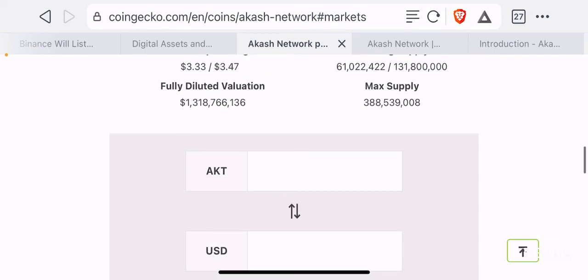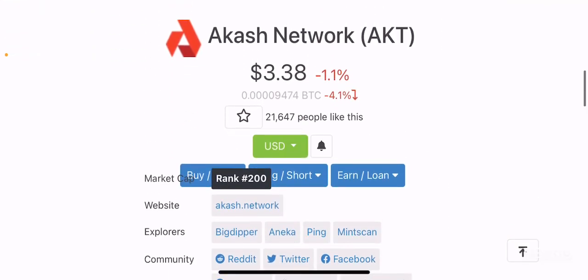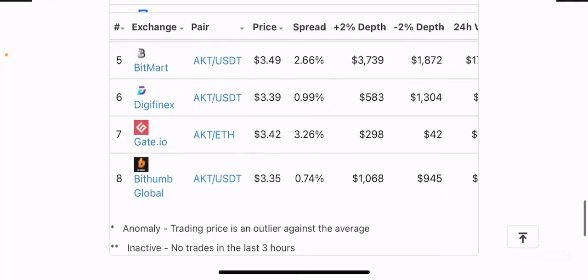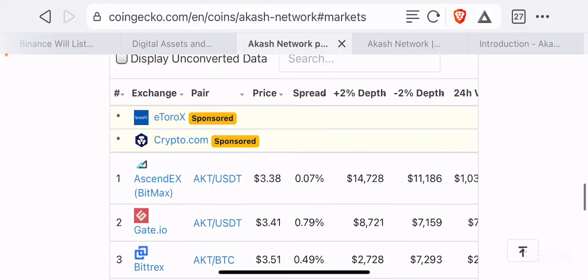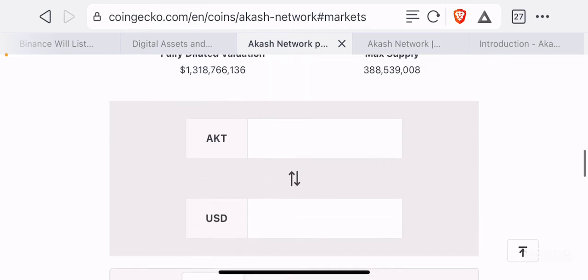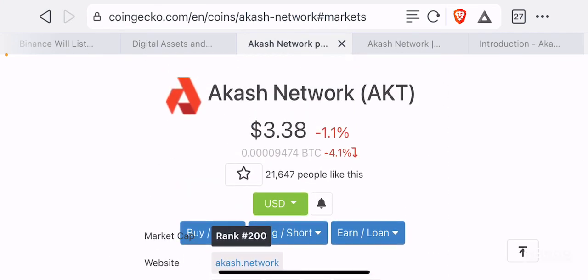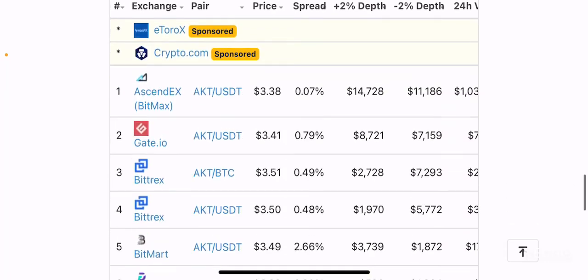So I do feel like this project may get a Binance listing sometime in the future, but this would be a really good buy opportunity if you are convinced that this project is good, obviously after doing your own research, and if you feel like this project is a long-term hold, or if you simply want to earn it passively by buying the super mini, then that's also an option, right? But I do foresee a Binance listing pretty soon for this token, but it may take a little bit longer than we thought because it's still relatively in its early phases, right?